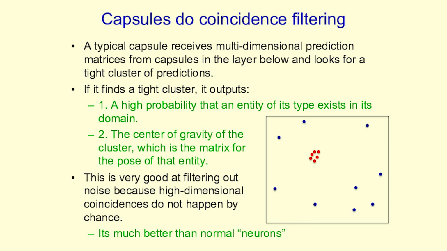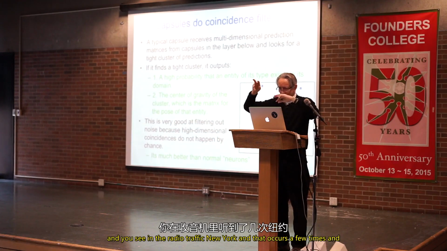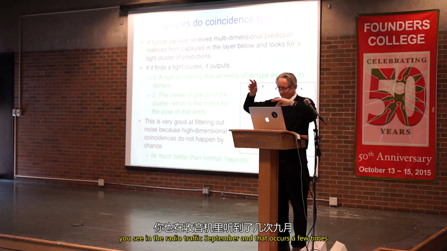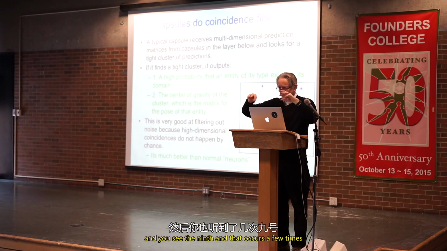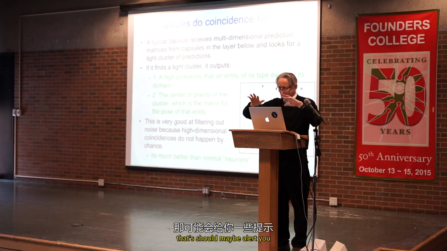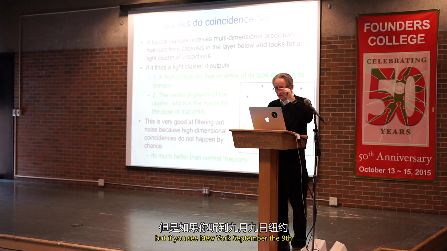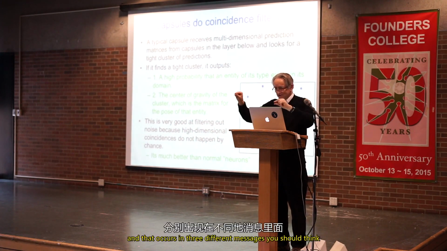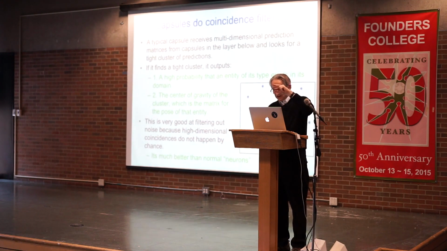Like if you're listening to radio traffic, and you see in the radio traffic New York, and that occurs a few times, and you see in the radio traffic September, and that occurs a few times, and you see the 9th, and that occurs a few times, that should maybe alert you. But if you see New York, September the 9th, and that occurs in 3 different messages, you should think, we've got a high-dimensional coincidence now.